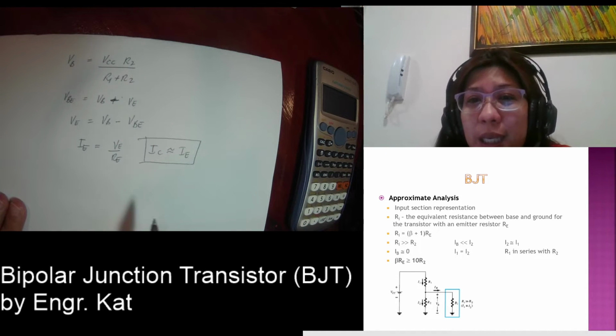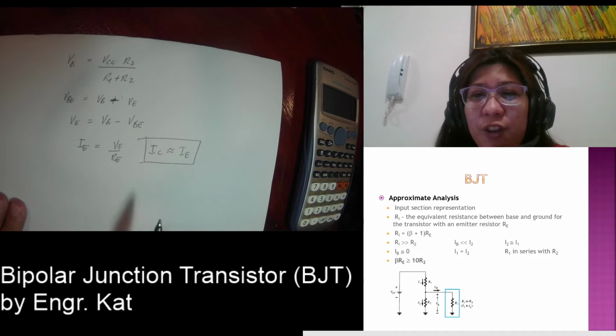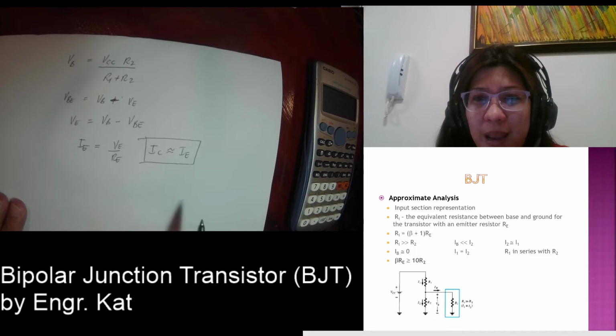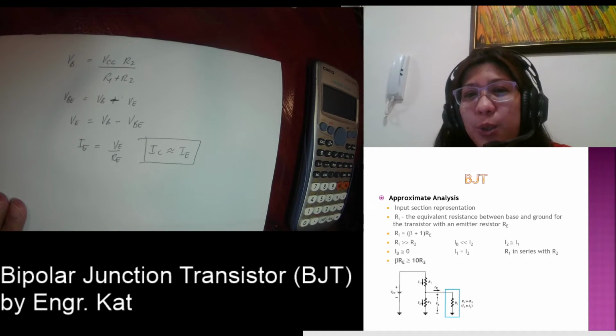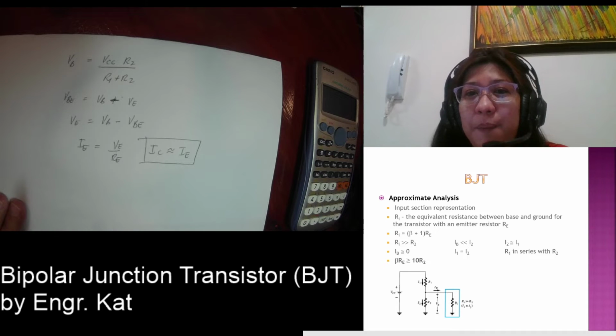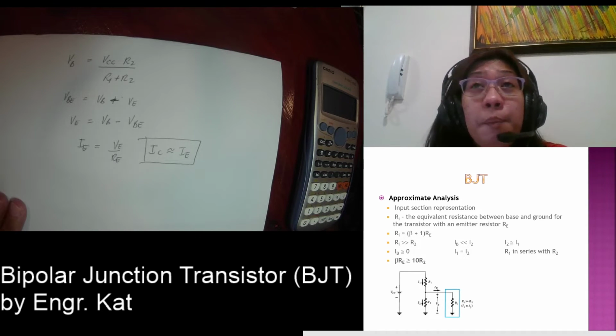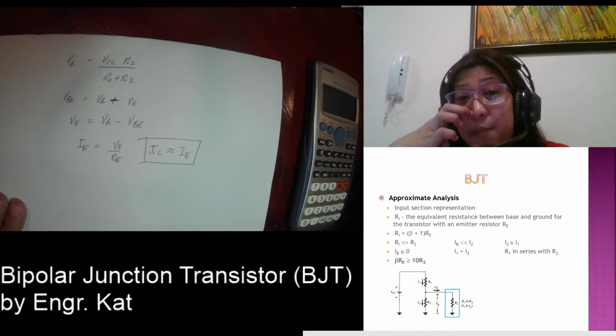Did you see your beta here? No beta anymore. Even though we change the value of your beta, it will no longer affect the circuit. So we have found a circuit that is totally independent of our beta parameter, and beta is very much dependent on temperature or other circuit parameters.